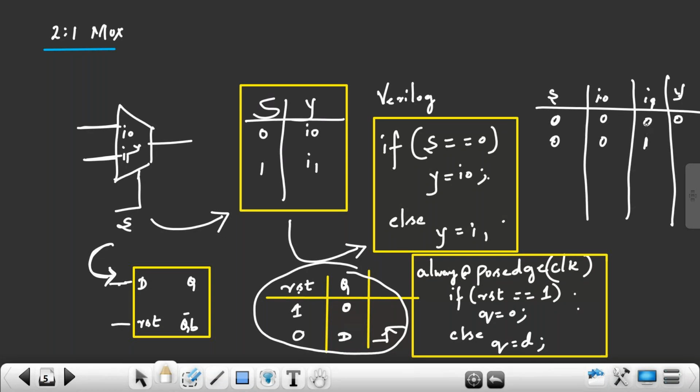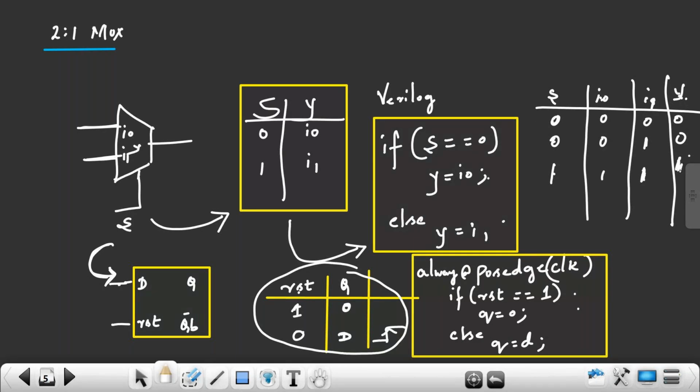When the select line is 0, my output should take I0, which is again 0. Now 1, 1, 1. My select line is 1, so Y will take I1. What is the value of I1? 1. So this 1 is the output.